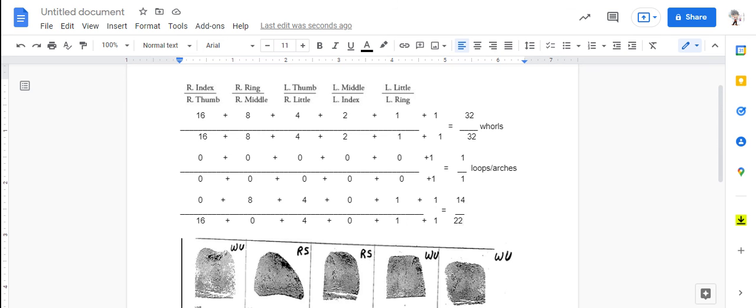I'm going to give you the answer key at the top as far as your right index over right thumb, right ring over right middle, so on and so forth, along with the card on your document, and you just put your primary classification onto that same document. Share it with me. It'll be worth some bonus points for you on an assignment or the test, possibly. We might use that for the test for this chapter. 10 points if you do it and get it done.